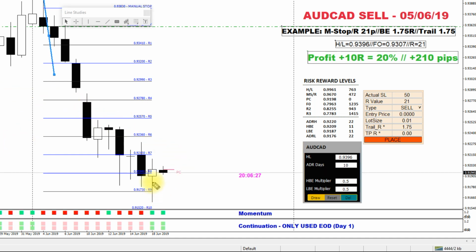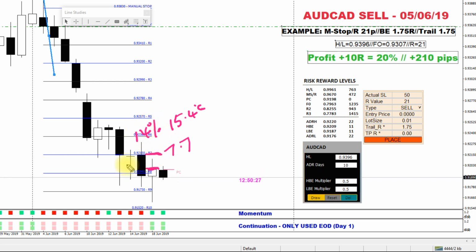You can decide to close your trade there, and again, it looks like about 7.7 or 15.4%. Or you can say, hey, I'm happy there to bank 14% and see what happens. So I suggest we just let things run and see what actually happens.